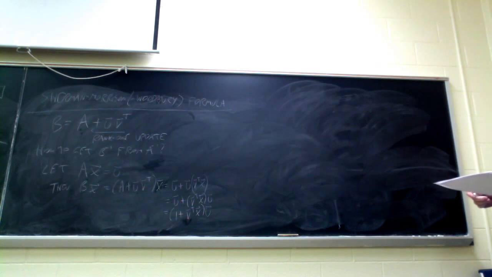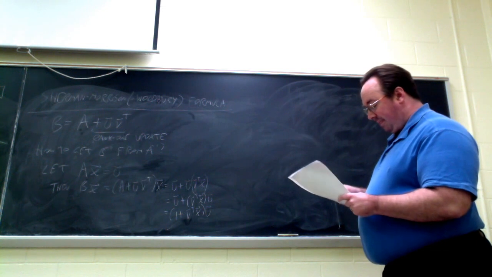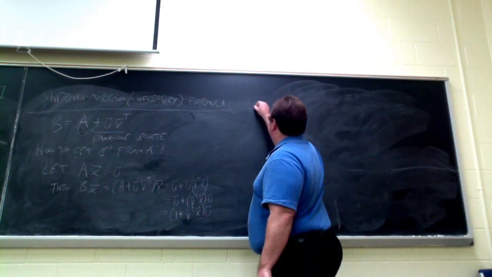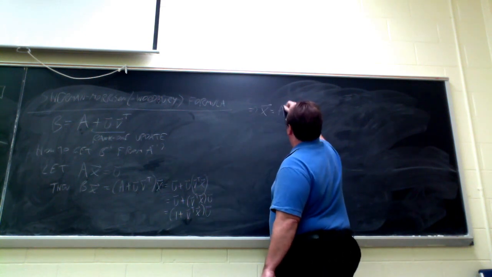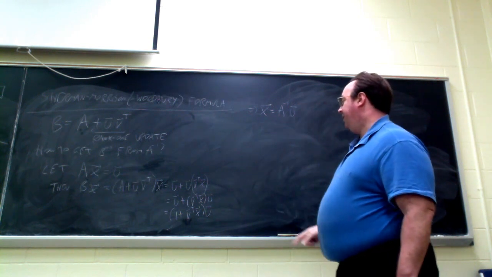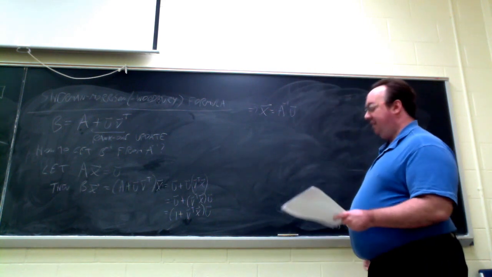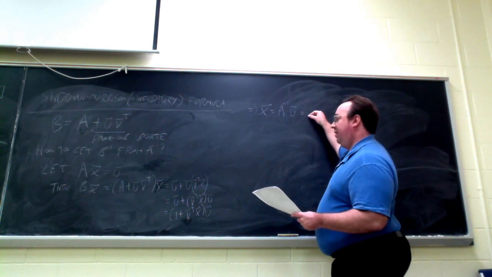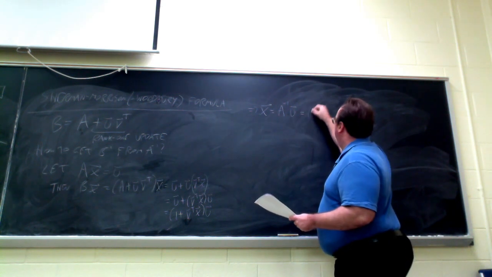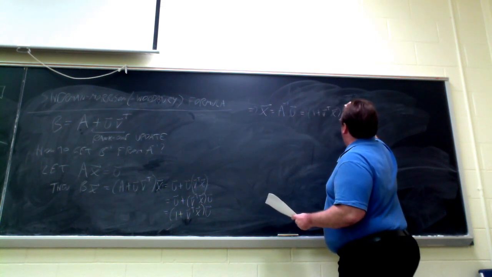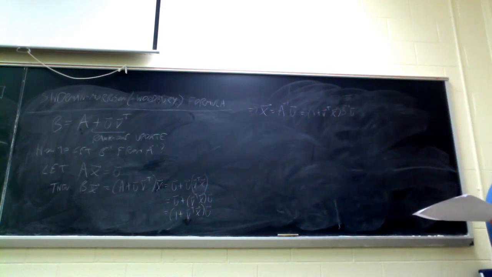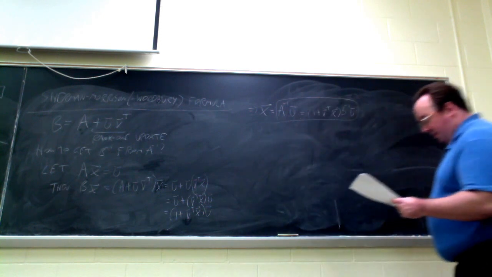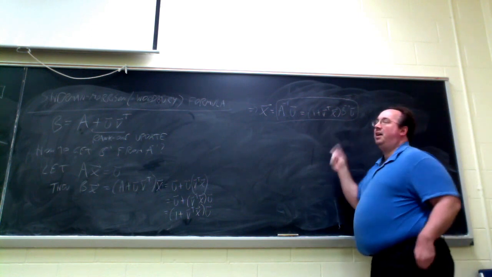Now, how does that help me? Because I can then get two different expressions for X. From this equation, I can say that X is equal to A inverse U. But from here, I can multiply both sides by B inverse, and I get X is equal to 1 plus V transpose X times B inverse U. Now that these are equal to each other, this is just a number, so I can divide both sides by it.